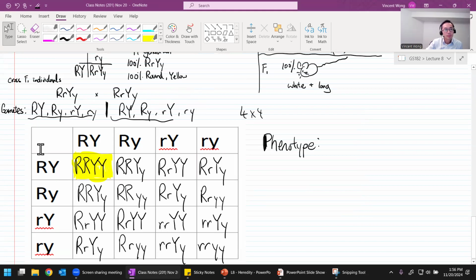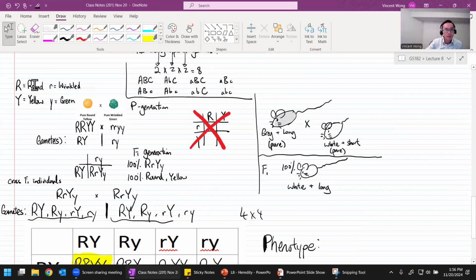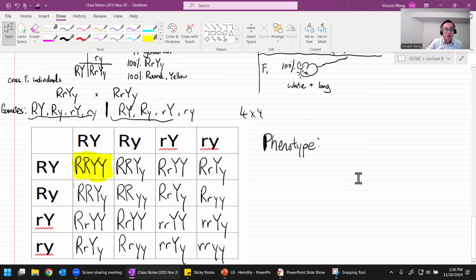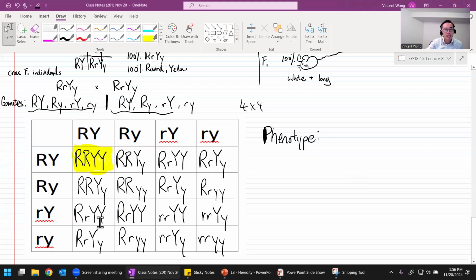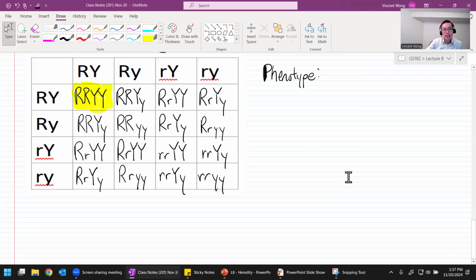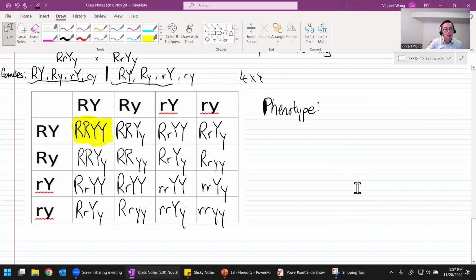That is round and yellow. Yeah, it's round and yellow, right? Because big R is round and big Y is yellow. So I need you to go look at all 16 combinations and find out how many are round and yellow. Once you count all of them, let me know what number you have.